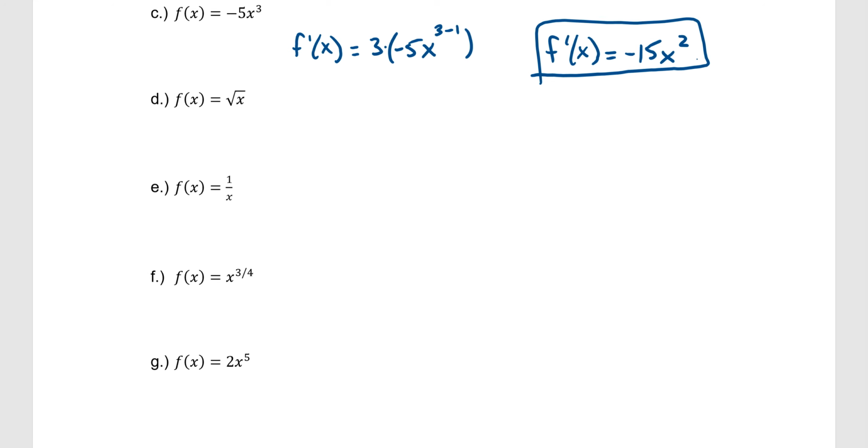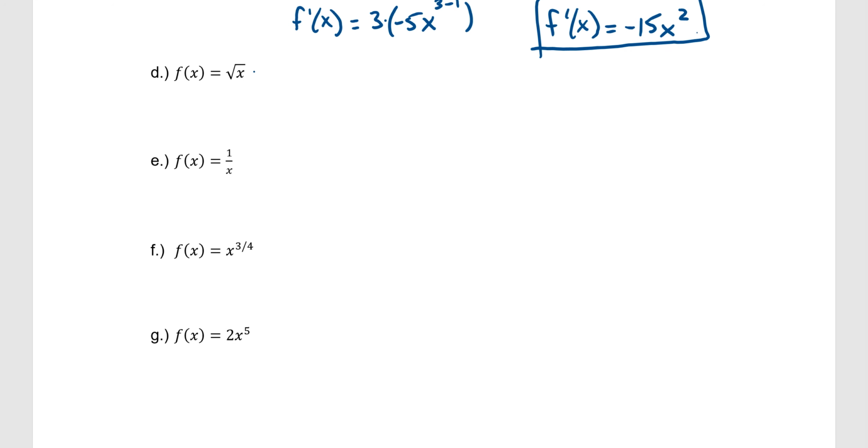All right, and then next one here we have D, f of x is the square root of x. In order to do this, we have to know that the square root as an exponent is the same as x to the 1/2. Once we know that, we can go ahead and take the derivative. We bring down the 1/2 out front, multiply it, and subtract 1. Whoops, I put that backwards: 1/2 minus 1, the original exponent minus 1, and we have to simplify it.